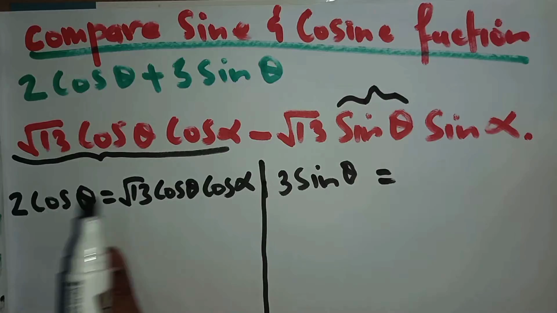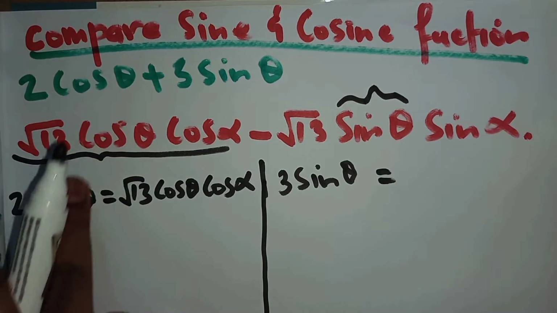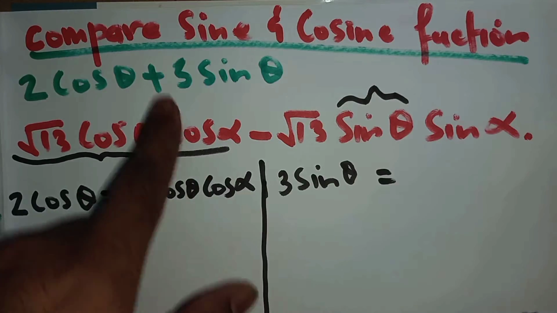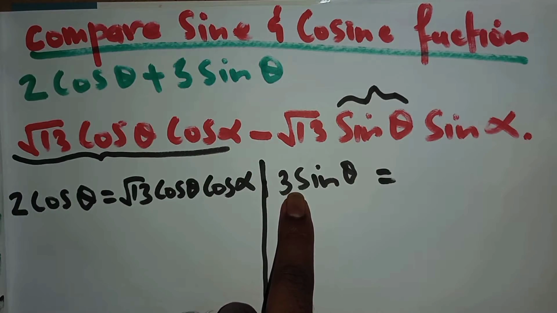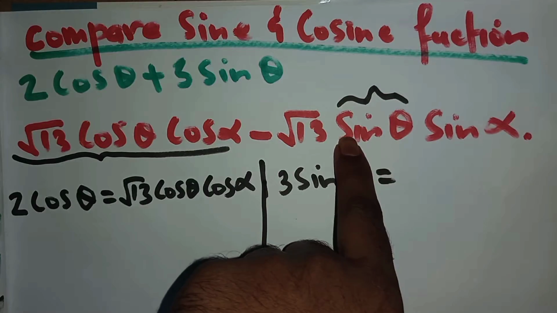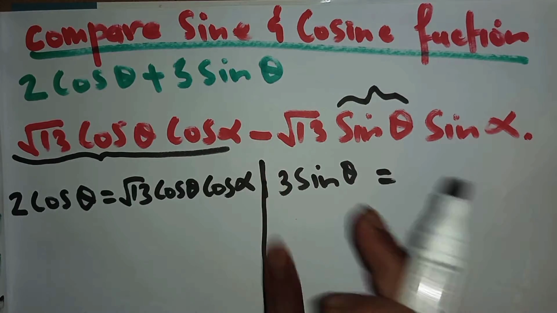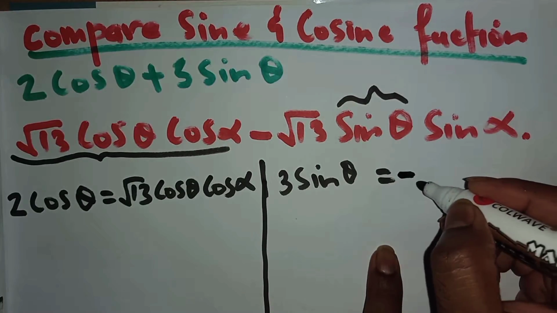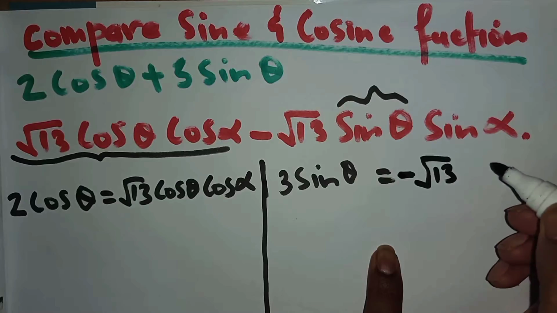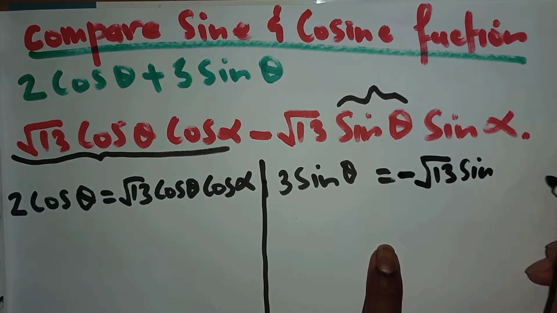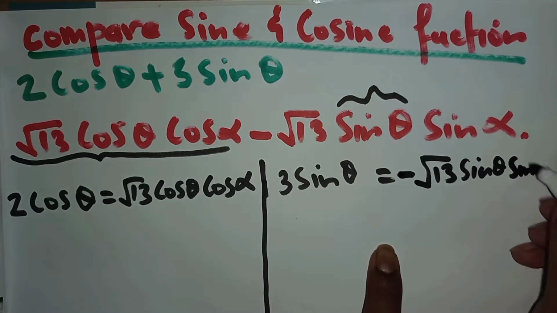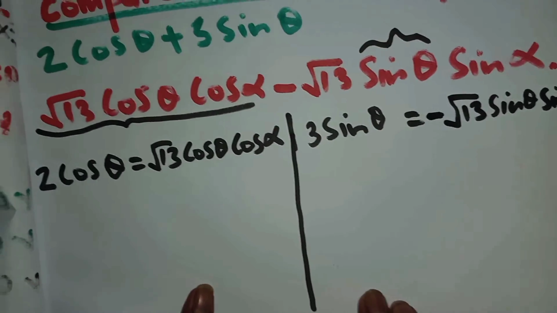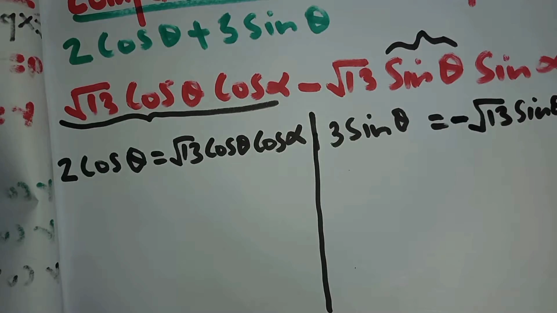That is why we say compare. We had cos theta here, that's why we have taken this root 13 cos theta cos alpha, and then 3 sine theta we have written here, and then sine theta is here in this expression. So we'll take all of this now, right? So the sine will also come, negative root 13 sine theta and sine alpha, right? Okay, so from here we can cancel out things.